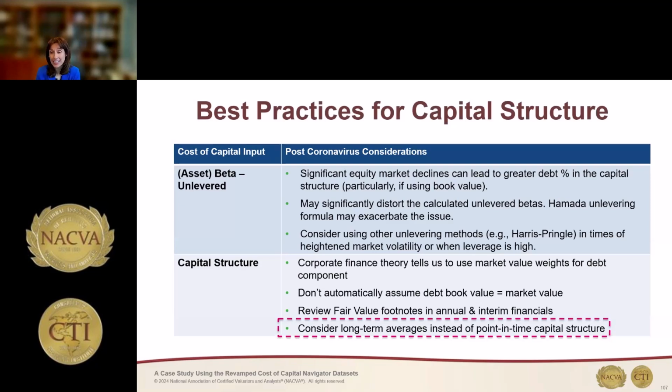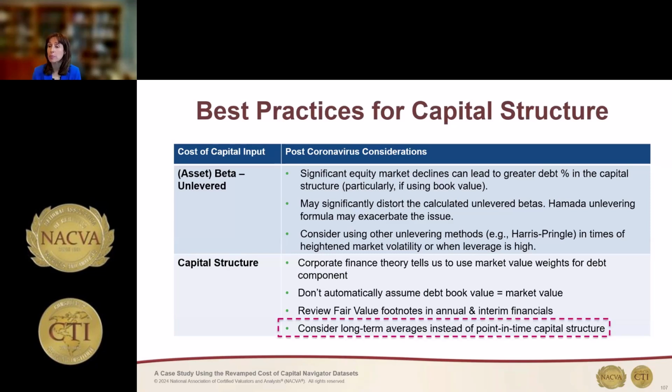And in times of distress, what happens? Market cap goes down significantly for your comparable companies. And then suddenly you have this huge debt weight overall as a weight of the total capitalization. But guess what? If the market value of equity really decreased that much, chances are the fair value or the market value of the debt also went down, right? So we're not really doing apples to apples.